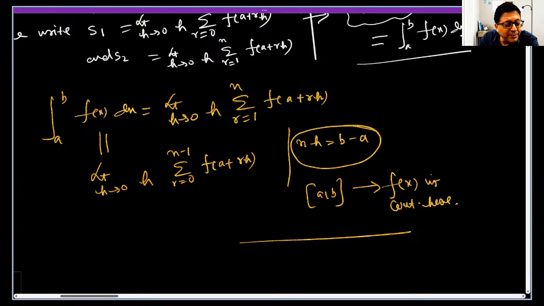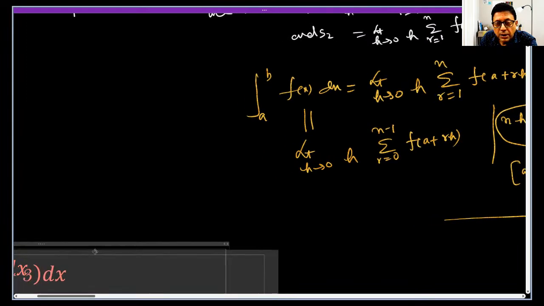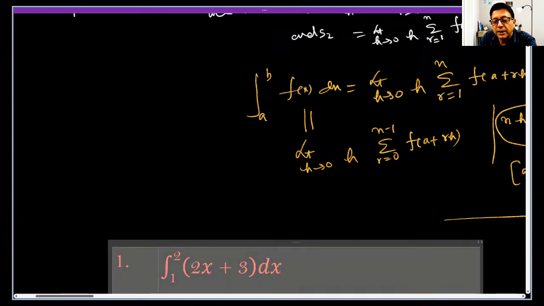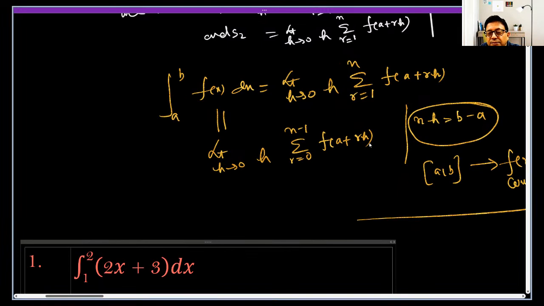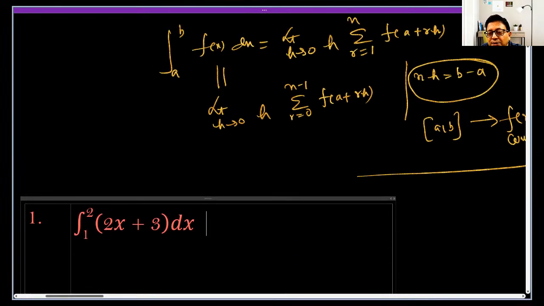Let us evaluate the integral from 1 to 2 of (2x plus 3) dx by using this definition, that the integral from a to b of f(x) dx equals this or this. Let me do it.